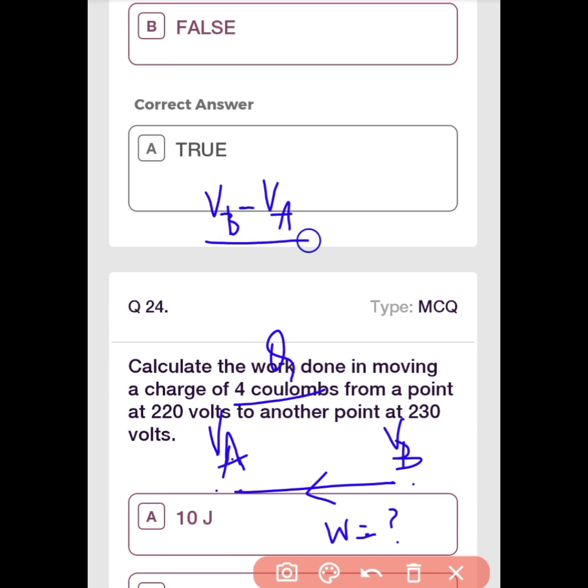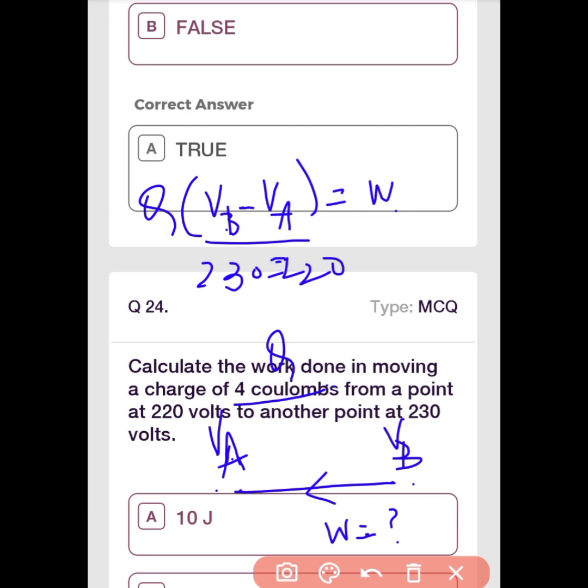We know W is equal to V into Q, and we need to find W. So VB minus VA into Q will give you W. So 230 minus 220 is 10.